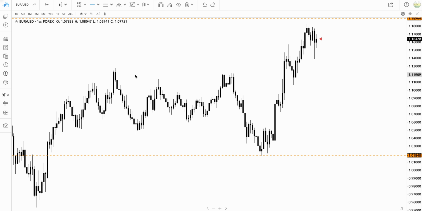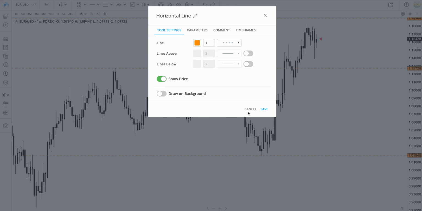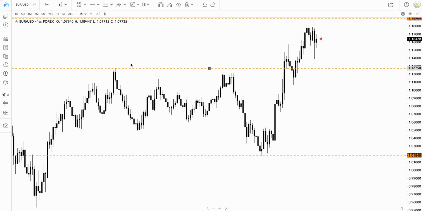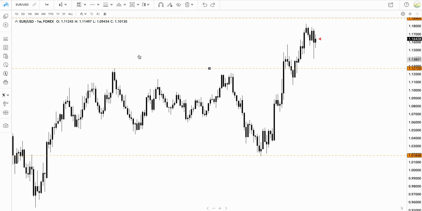How I used to mark support and resistance before was based off of past price action. So this would have been a level, right? Because this was a level of resistance at one point. This would have been a level because it was a level of resistance at some point. I would have also chosen this as a level as well because it was a level of resistance at some point.